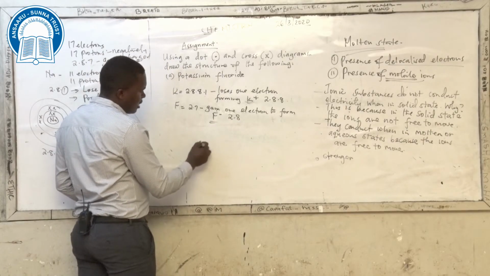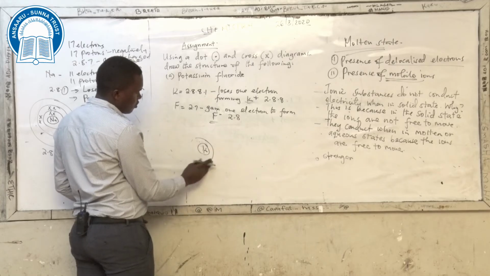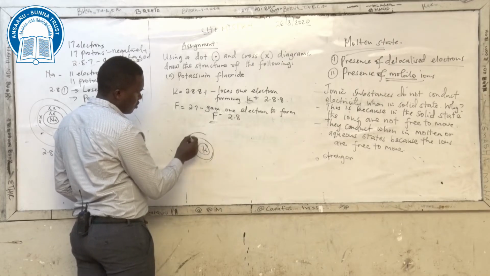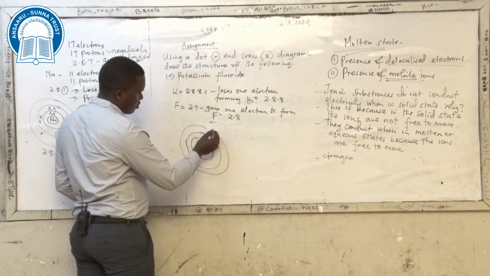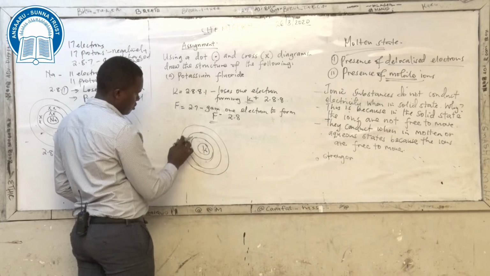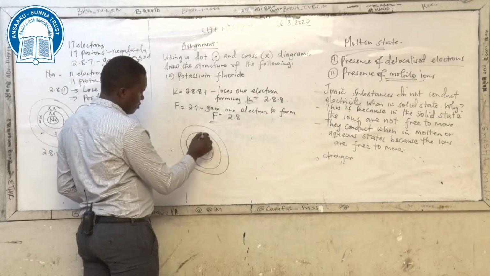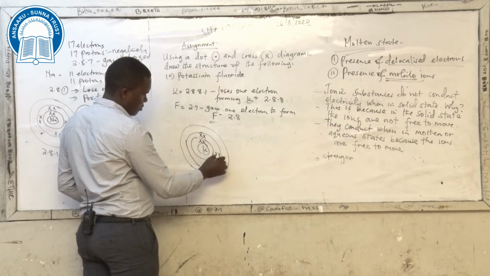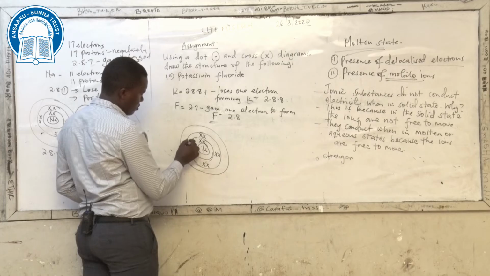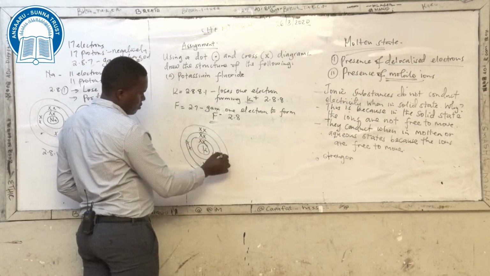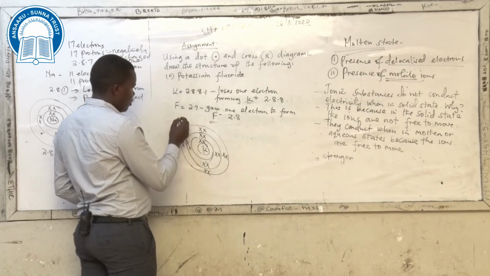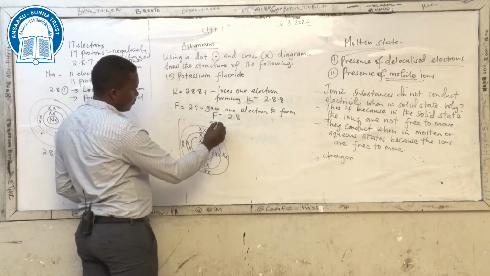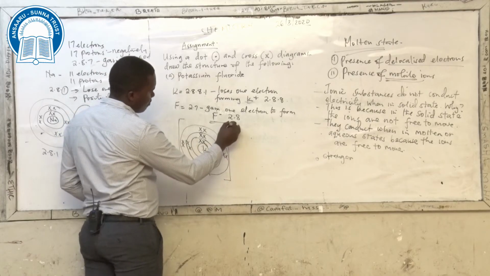So you just draw K. This is the potassium ion with a positive charge there.